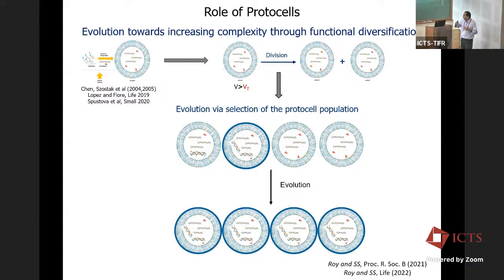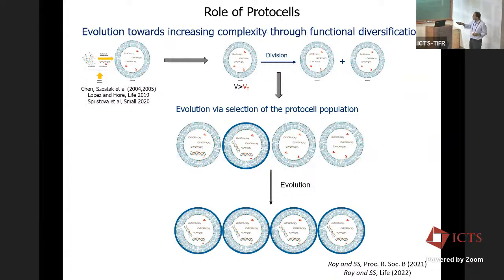So as the number of sequences inside a given protocell increases beyond a certain threshold, referred to as VT here, the protocell would divide into two, and the components of the protocell would become randomly distributed between the two daughter components.